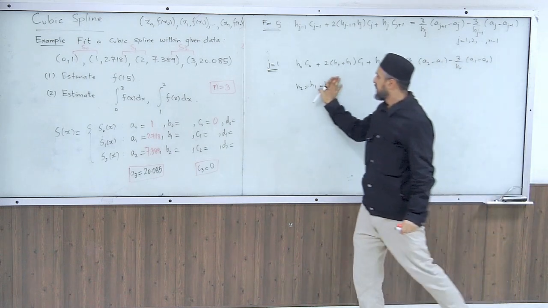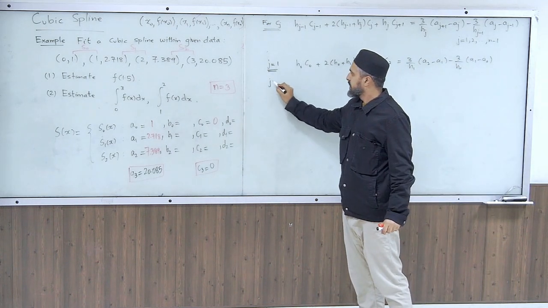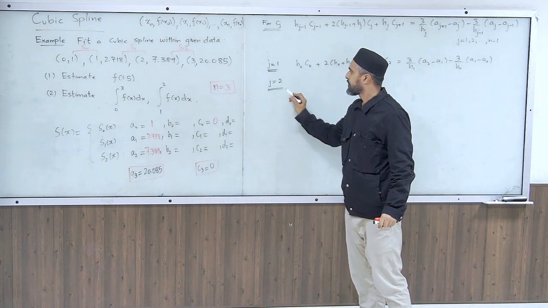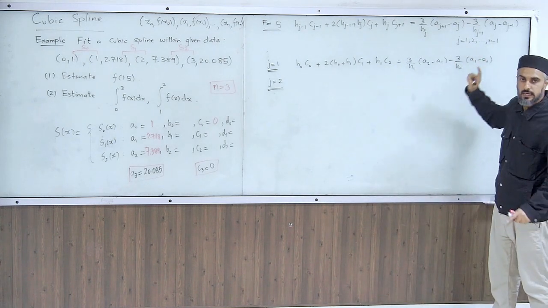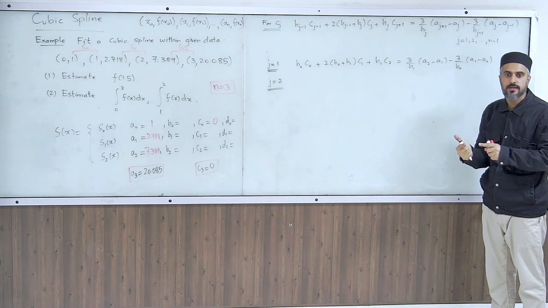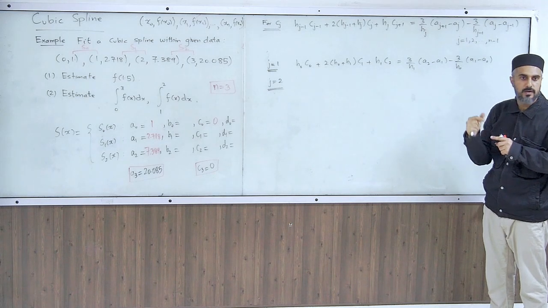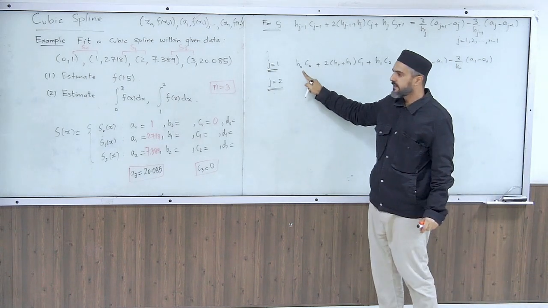Now if I open for j equal to 2, because I have to open till j equals n minus 1, and the value of n is 3, so I have to open at j equal to 2. So 3 minus 1 is 2, so one index will be up over here.